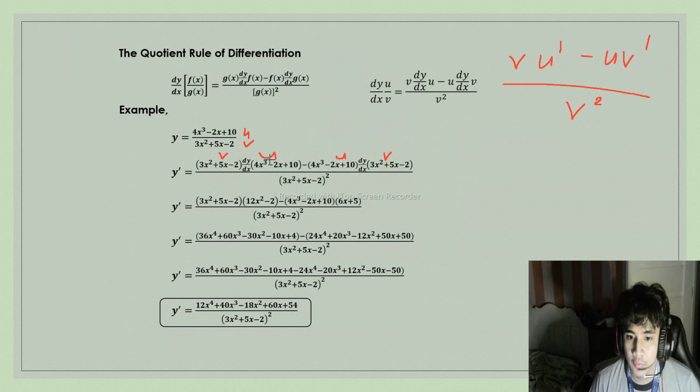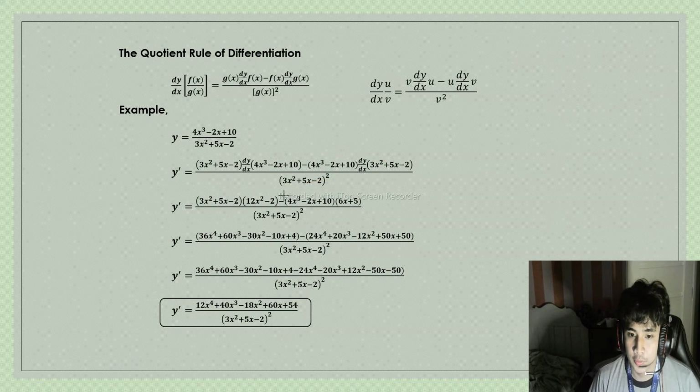Ito naman v du minus u dv, tapos merong sa baba, tong v squared. So, mangyayari ganun lang rin, find the derivative. Ang pinagkaiba lang ay naka-minus to.